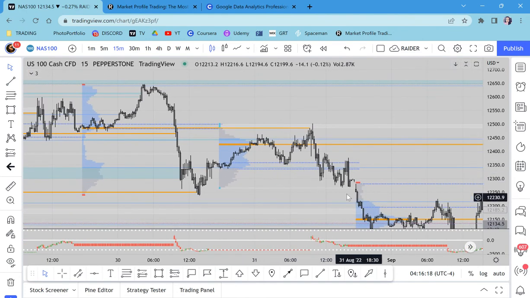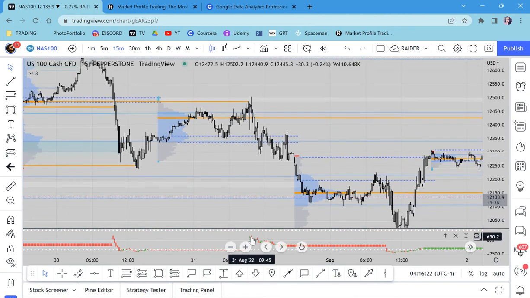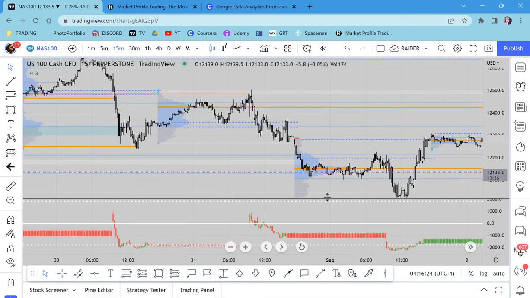This is me just being objective. If I was looking at the ADD and I noticed it forming the way that it's forming, and it was going down, then I would have been comfortable trying to short it at the initial balance low.